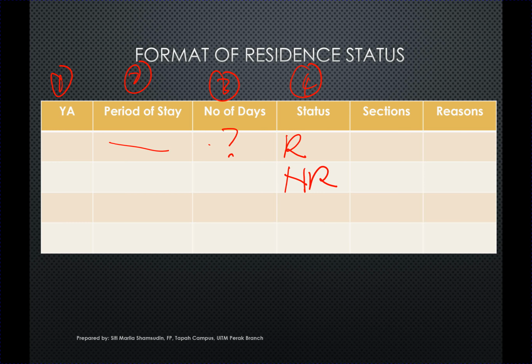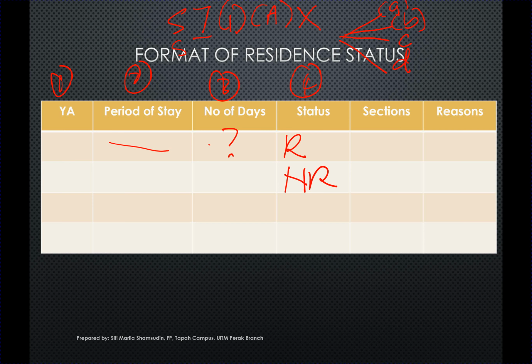Dan for resident purposes, dia ada 4 subsection. Untuk resident status, we are going to refer to section 7, subsection 1. Dia ada 1A, B, C, D. And here, you have to be very careful. Kenapa? Dia pakai small letter. Siapa tulis 7 1A besar, ini salah.